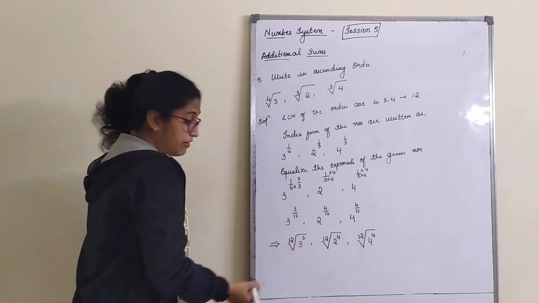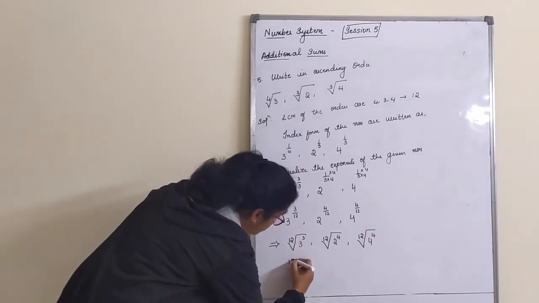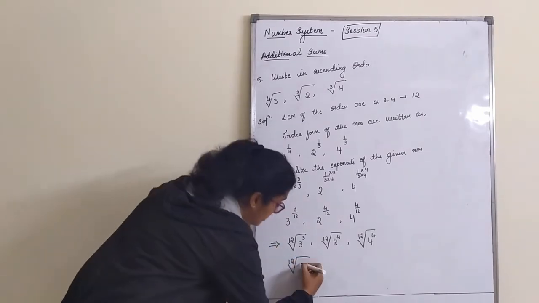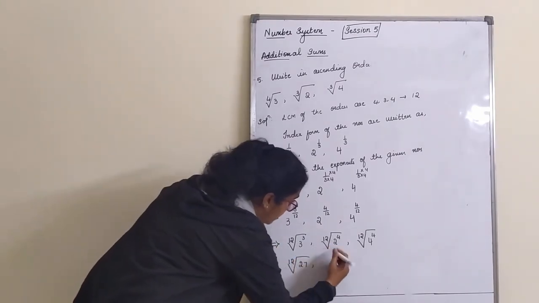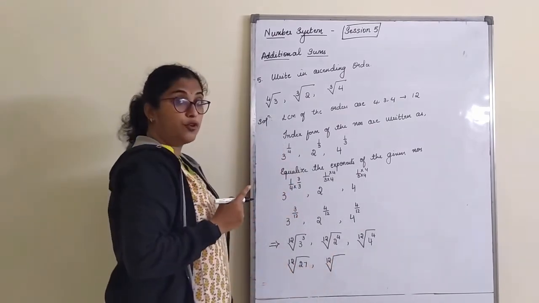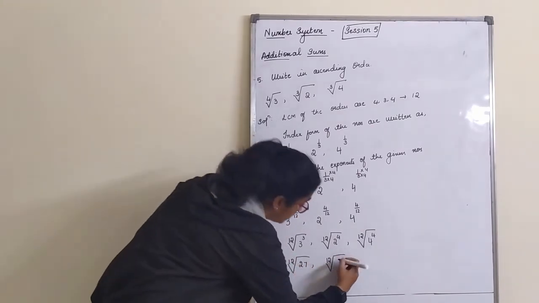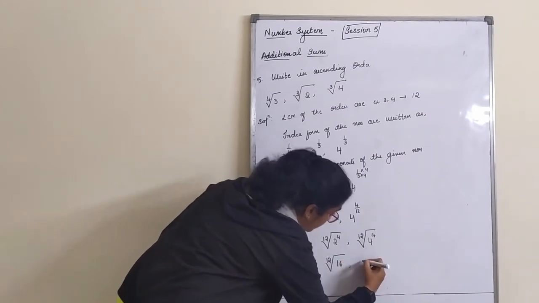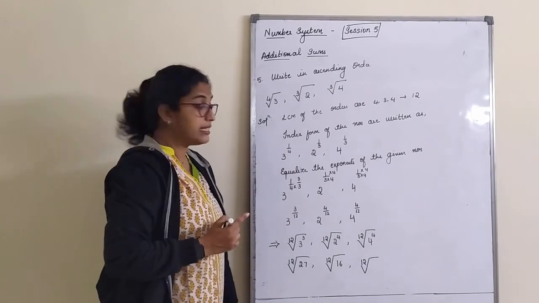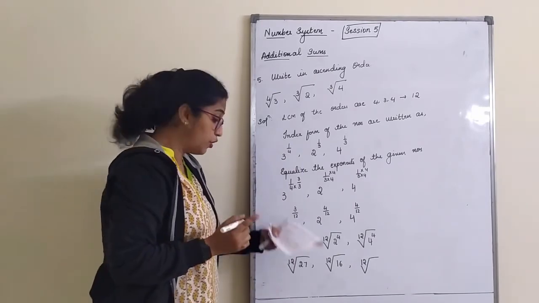Now let us simplify this further. 12th root of 3 cube, 3 3s are 9, 9 3s are 27, comma 12th root of 2 raised to 4, 2 2s are 4, 4 2s are 8, 8 2s are 16, comma 12th root of 4 raised to 4, 4 4s are 16, 16 4s are 64, 64 4s are 256.